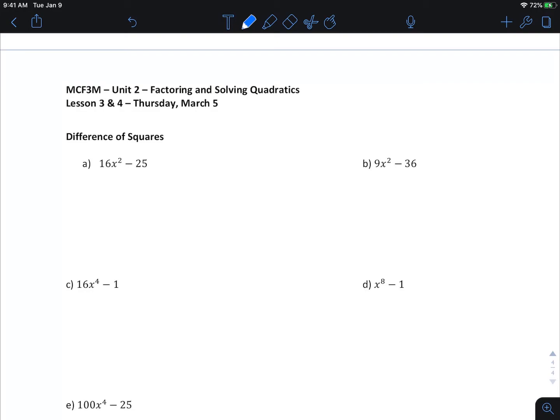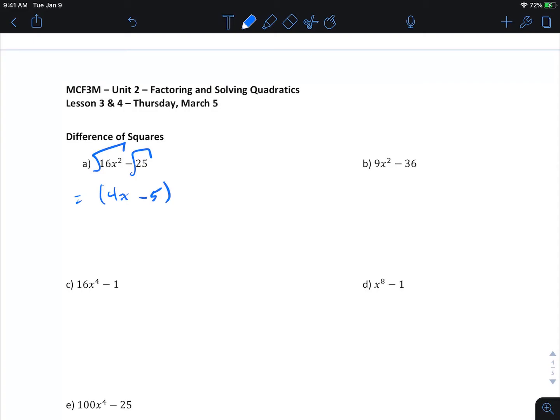Same thing. I'm going to square root the first, and I'm going to square root the last. What's the square root of 4x squared? 4x, and then minus 5. But here's the problem: I can't throw the squared on there because it's not a perfect square trinomial. The two pieces are not going to be equal this time.